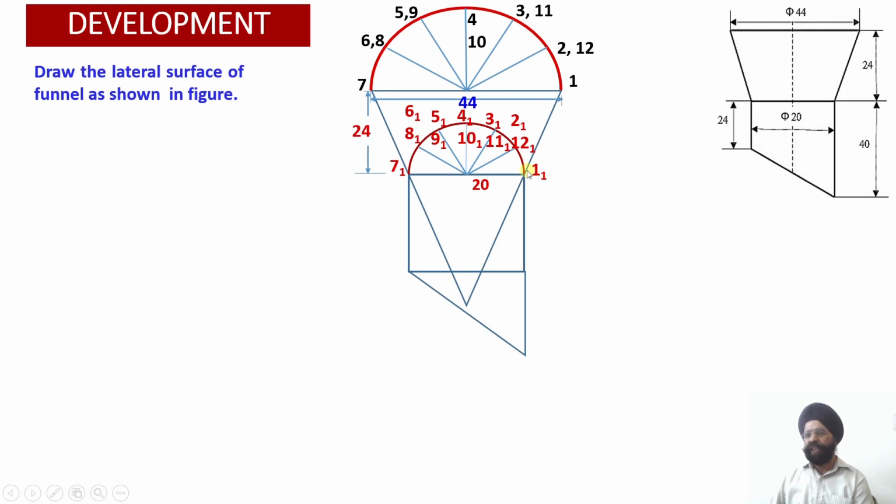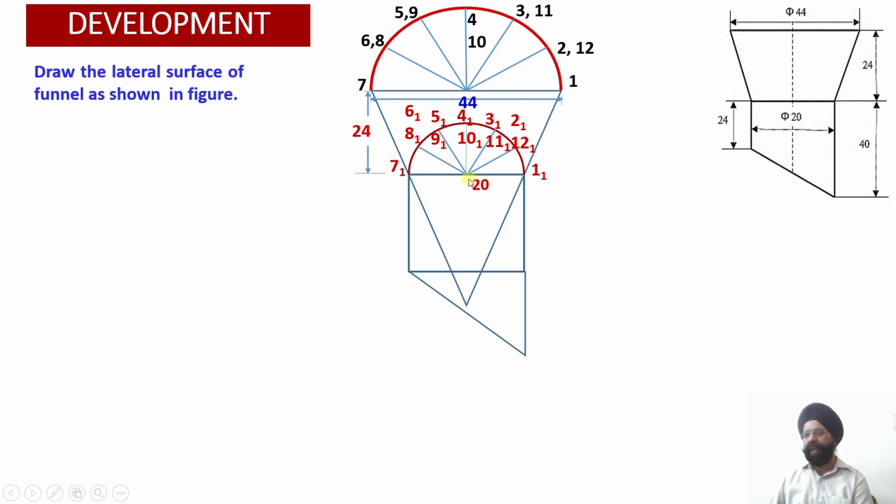So this point will be 1 1, 2 1, 3 1, 4 1, 5 1, 6 1 and 7 1. And similarly, had I drawn this complete circle, 6 1 and 8 1 would have coincided, 5 1 and 9 1 would have coincided, 4 1 and 10 1, 3 1 and 11 1, and 2 1 and 12 1 would all have coincided in the front view.